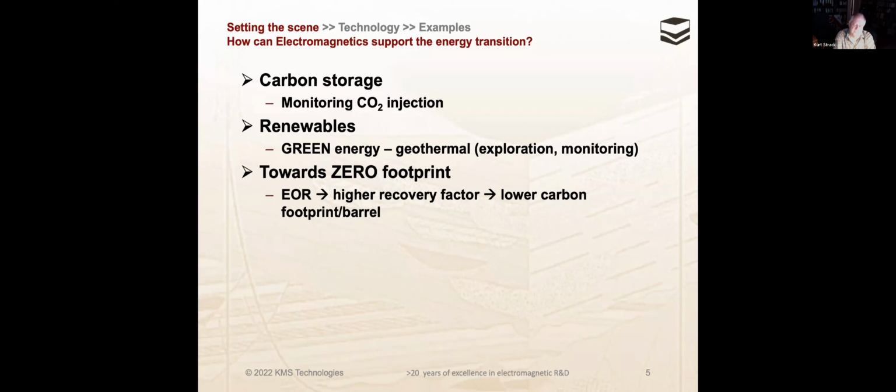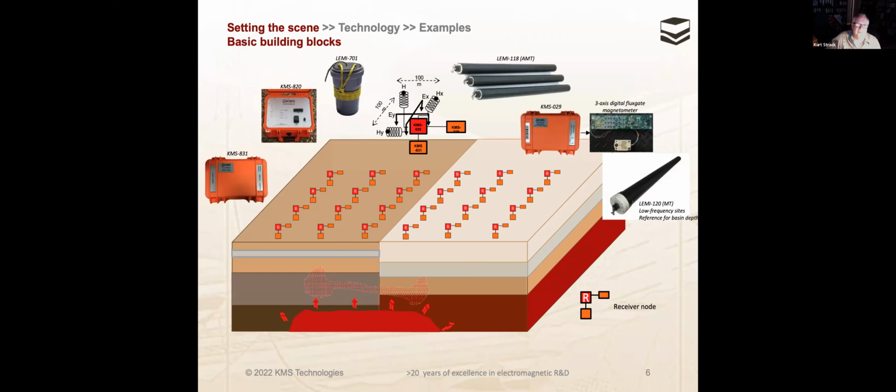So when you monitor CO2, you should always put up a microseismic monitoring network, and our system can record microseismic and electromagnetic data at the same time, so that if that's what you wanted to do, you could do that. And again, I've talked about these two, so I'll just go on to the next slide.